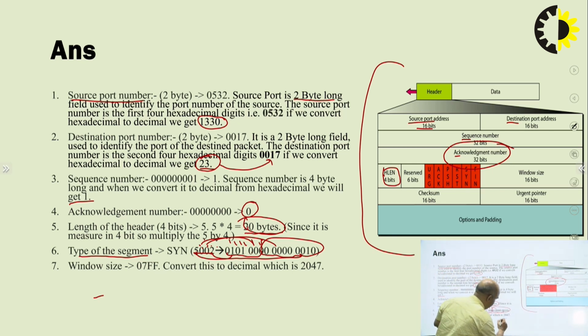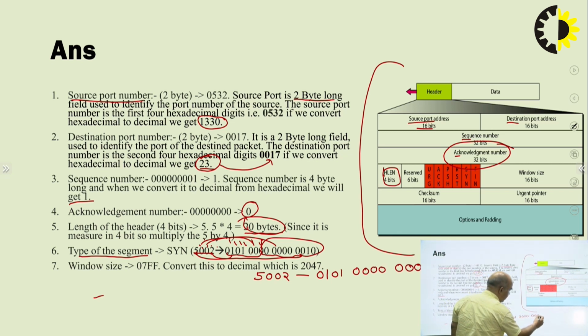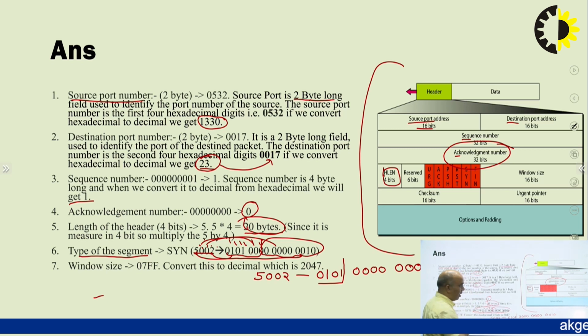Let me write it down here, it will be better. 5002 will be 0101 0000 0000 0010. The first 4 bits are already considered for the header length, so we will not consider those. Now 6 bits are reserved, 1, 2, 3, 4, 5 and 6. So these 6 bits are used for the reserved field.